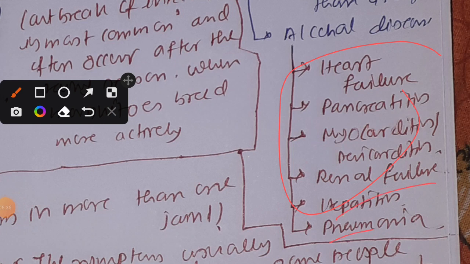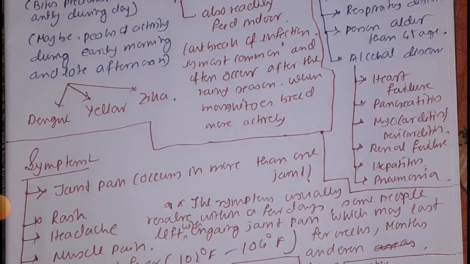So there are 4 risk factors: heart disease, respiratory disease, being above 45 years old, and alcohol disease. If infected with chikungunya, you may develop heart failure, pancreatitis, myocarditis, pericarditis, renal failure, hepatitis, and pneumonia. So that is the risk factor.